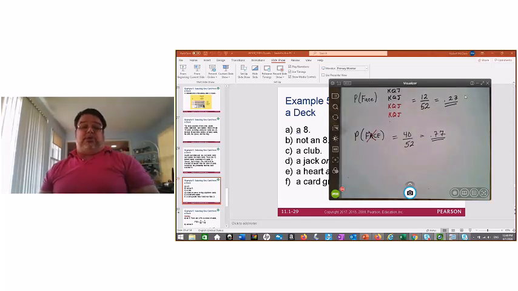All of these questions that I'm doing right now are going to be test questions for y'all, because I'm not going to get too in depth with the probability. This is an introductory section.